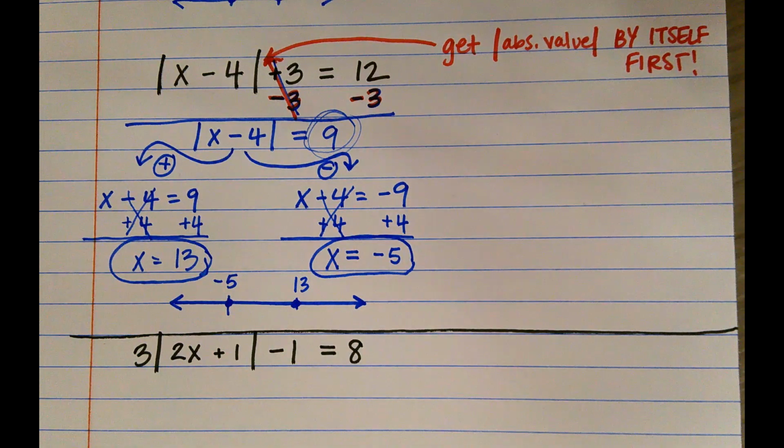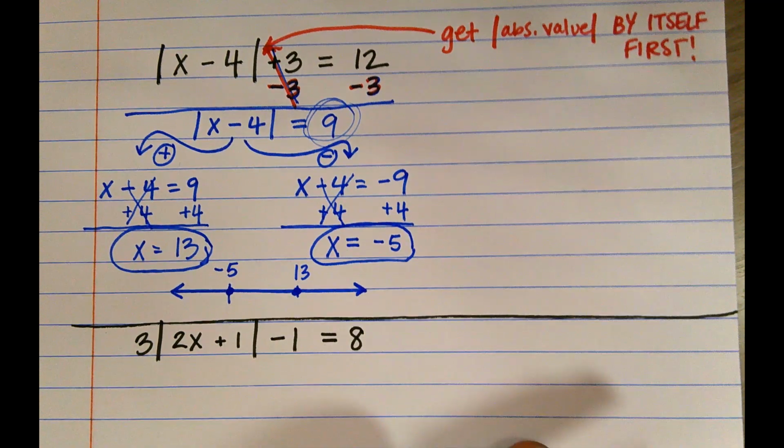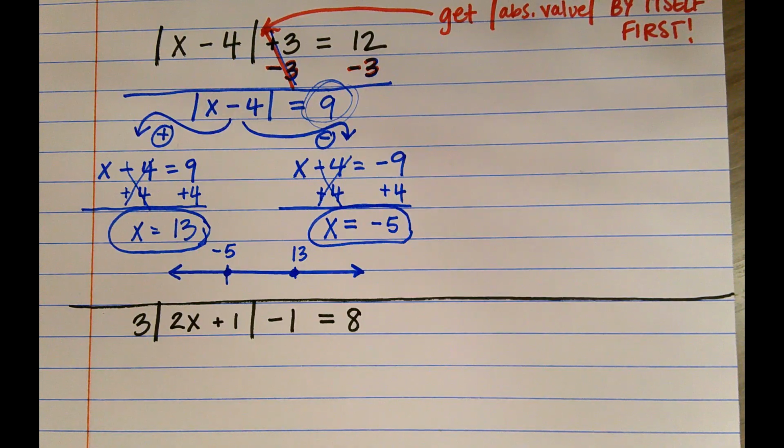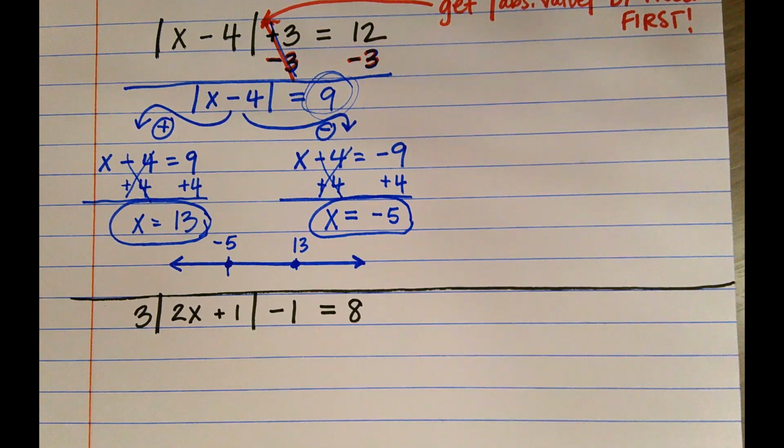So it's -1, 4, -1. What should I do first? Actually, I have a question. Is that 3 a part of the problem? Yes, it is. It is part of the problem.